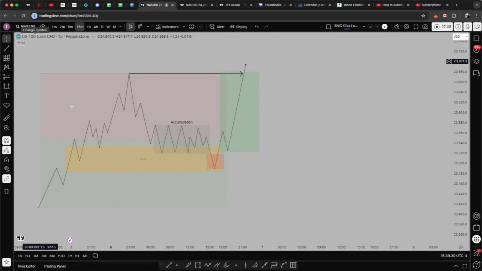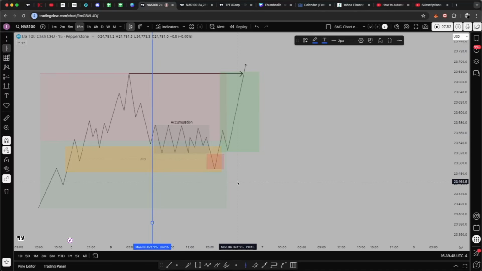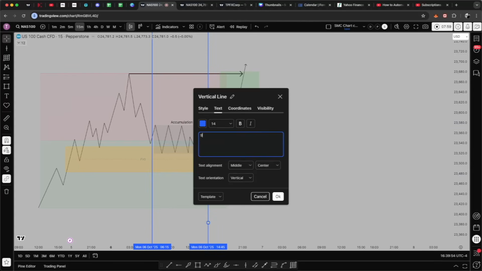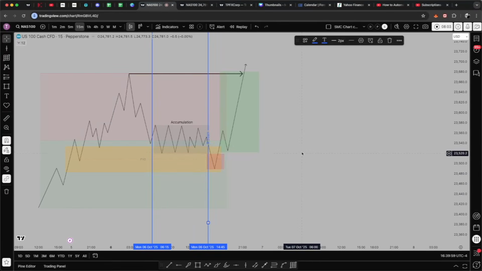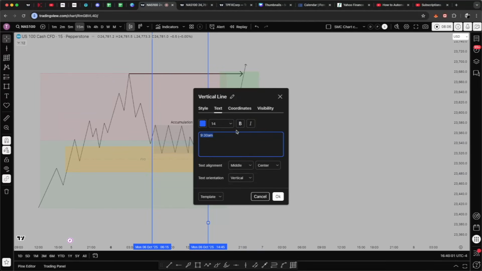Let's suppose I'm on the 5 minute time frame, and the New York session opens right here, and then 9:30 is right here. 9:30 is the stock exchange open, 9:30 a.m. New York time. That's when the stock exchange opens.